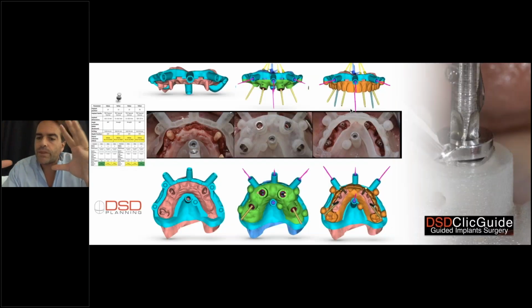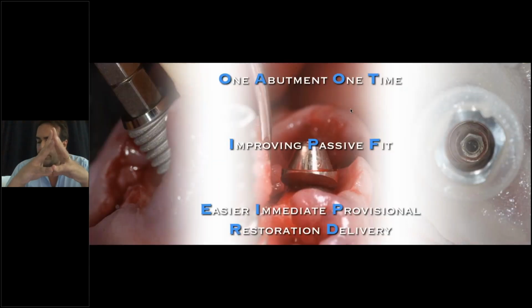But predictably all the time? Well, this is case selective. We need to carefully select the cases, because in very extreme situations, maybe we need a more dynamic surgery instead of a fully guided surgery. And not all the time do we have the opportunity to utilize a full digital workflow for the production of the provisional restoration.